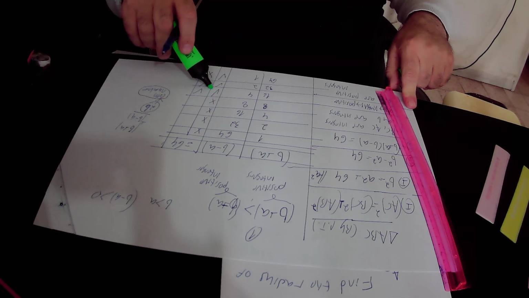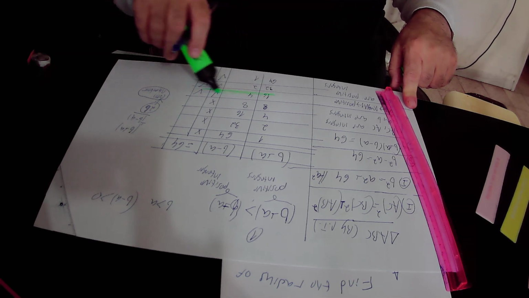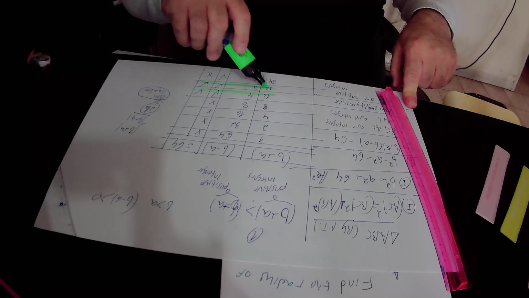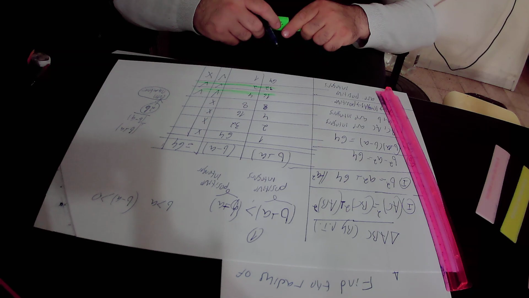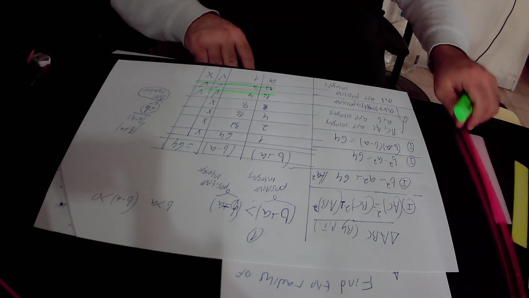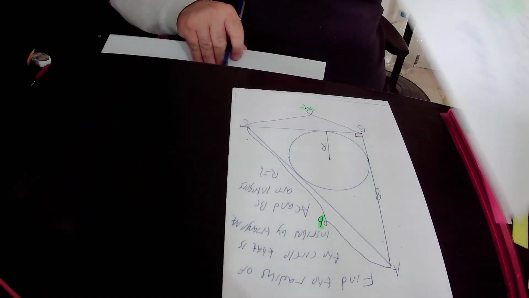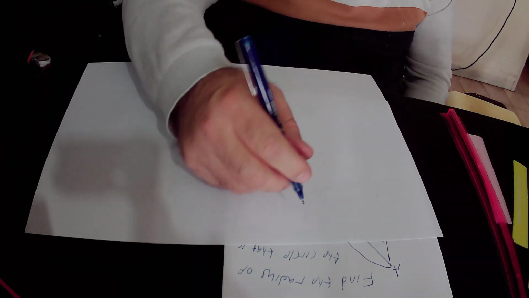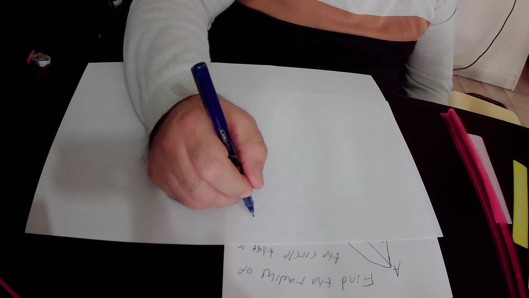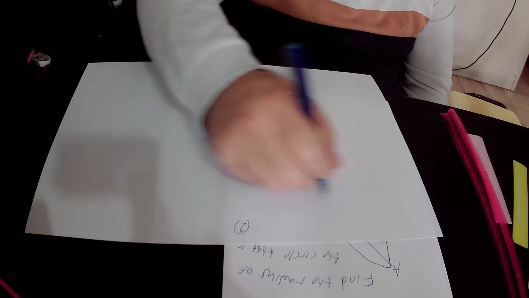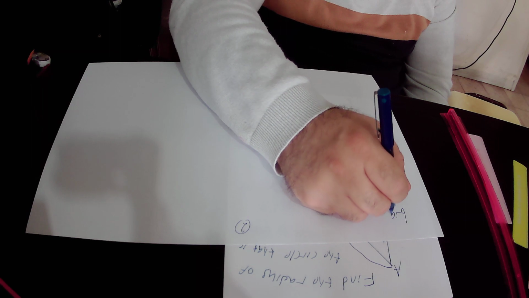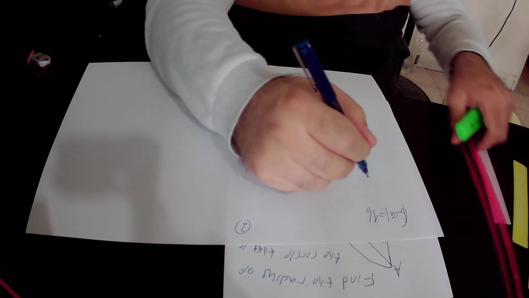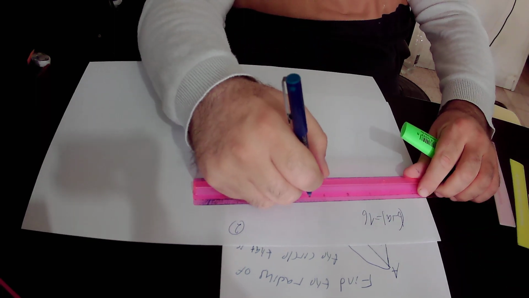We are left with only two possible solutions. Either b plus a is 16 and b minus a is 4, or the second solution is that b plus a is 32 and b minus a is 2. So we write down the two solutions that are possible for the question. The first solution is that b plus a is 16 and b minus a is 4.